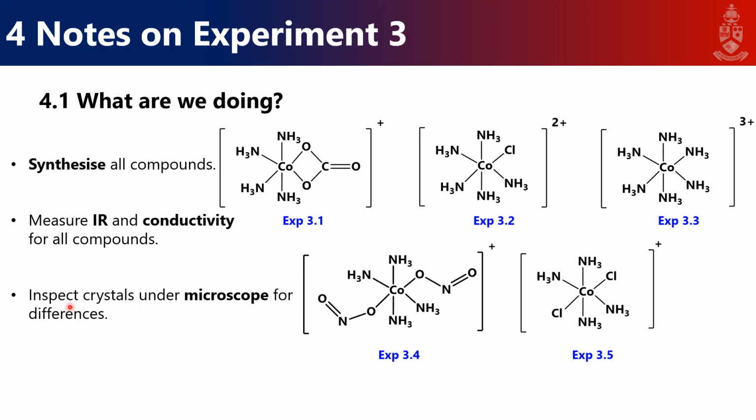So I provide you with some images of the crystals under the microscope, and you can use that to distinguish. In other words, you're inspecting crystals, you use the color, you use the morphology, you use the shape. Well, morphology and shape is the same thing. Their texture, do they clump together? Just what you see. That's how we describe crystals. For example, it's a brown needle-like crystal with a rhombohedral shape that clumps together and it's a fine type of crystal.